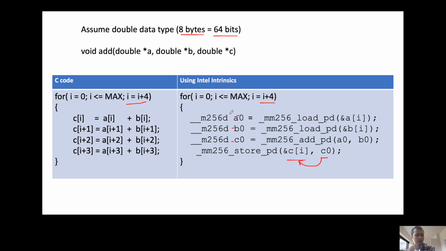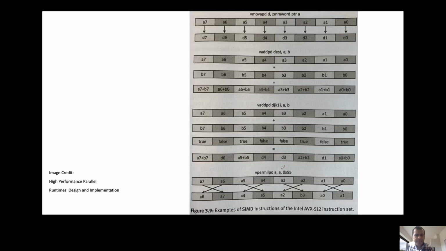Code like this will perform better and run faster, because it is able to use SIMD instructions. Now there is a lot of functionality that these functions provide. One was the load operation, which is vmovapd, as we saw. That's the vector instruction's name. We can also do add.